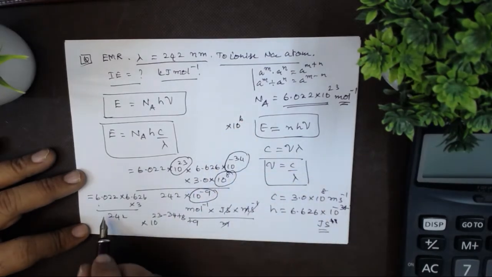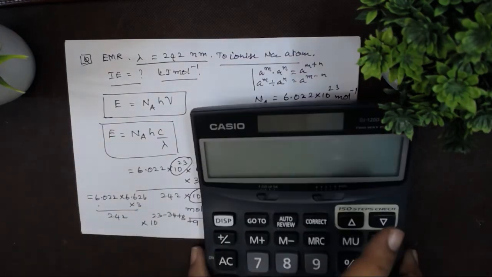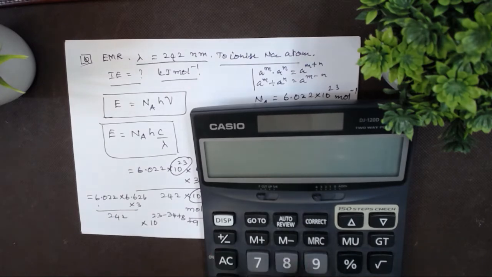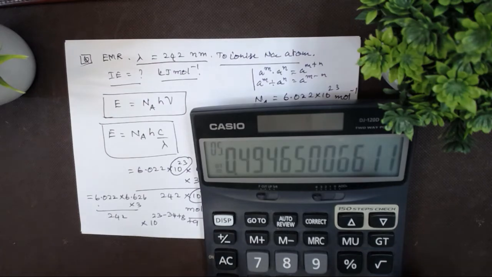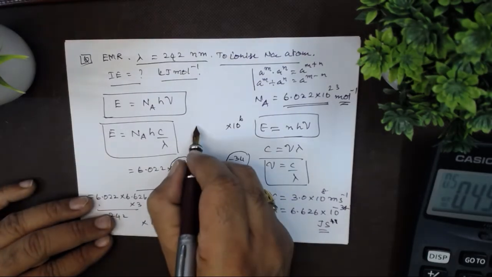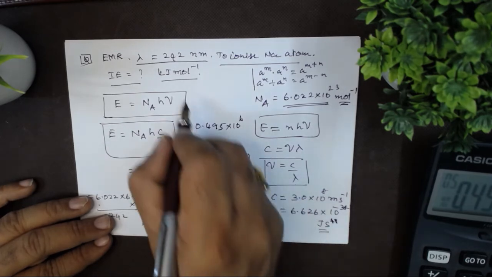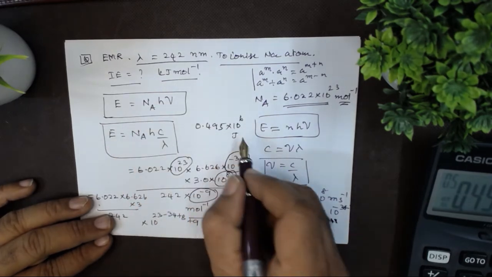Then we have to work out these values. Let us work them out by calculator: 6.022 into 6.626 into 3 divided by 242. The answer is 0.495. Now, this is joule per mole, and they asked for kilojoule.